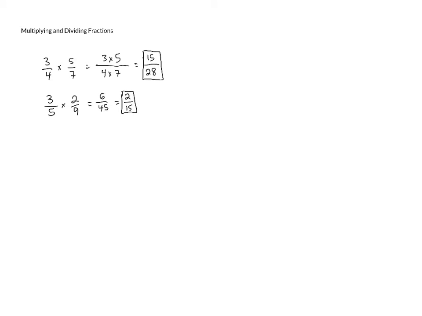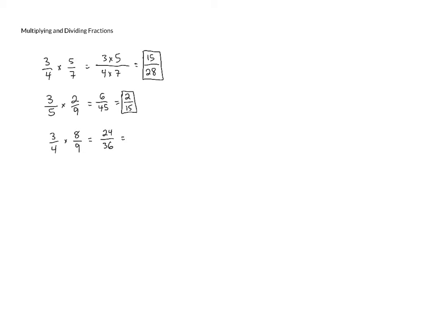We're going to do one more together, and we're actually going to look at it in a couple of different ways. Let's take a look at 3/4 times 8/9. Now, we can multiply straight across just like we did before. 3 times 8 is 24, 4 times 9 is 36, and then we can reduce.